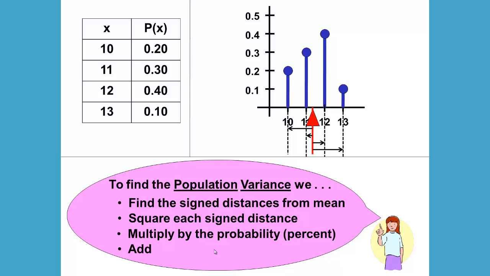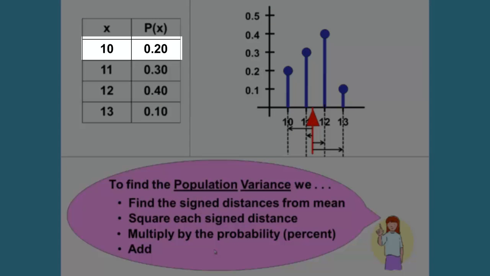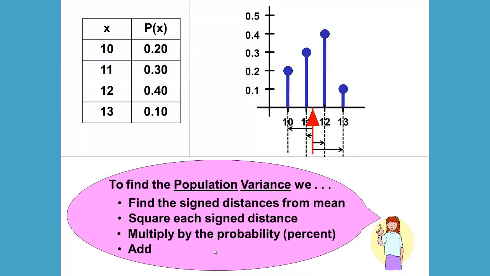The second step, squaring each signed distance, we do to make all of our values positive. We multiply by the probability or the percent because, for example, 20% of the time we would get a signed difference that went with the 10 of negative 1.4, and so forth. And lastly, we add up all the values because we're interested in all the data values.